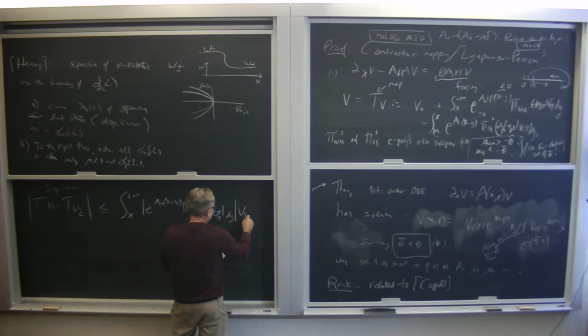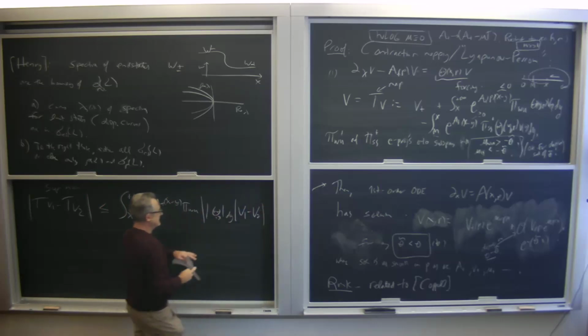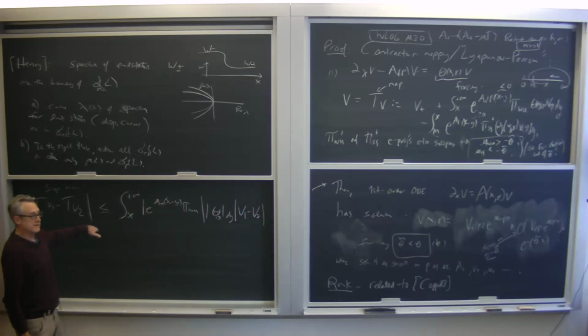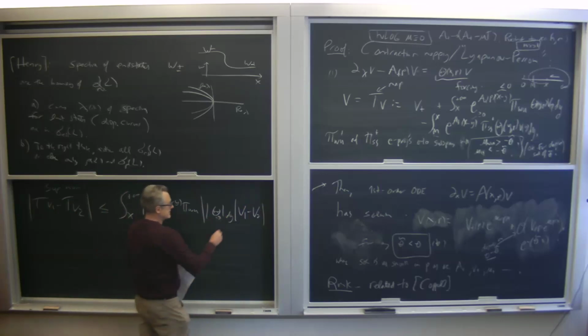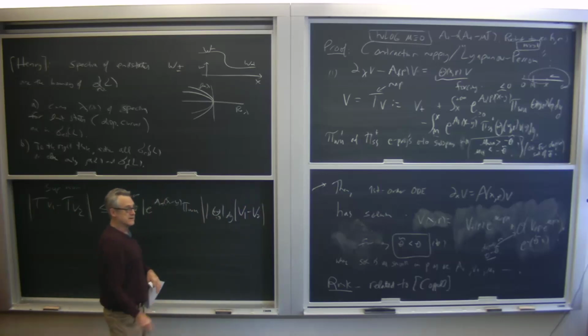And then I'm just going to pull out the sup norm of V1 minus V2, because that can come out of the integral. It's the supremum over the whole domain of integration from m to plus infinity.